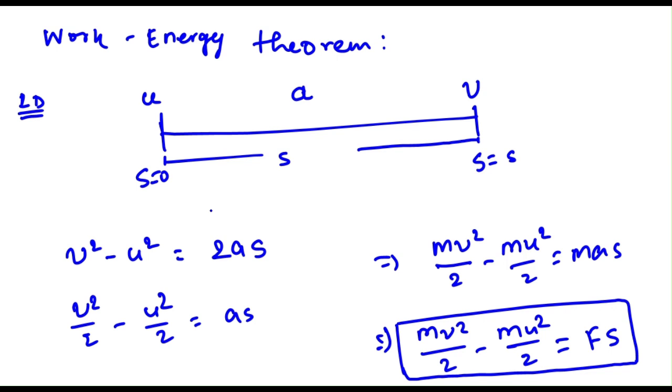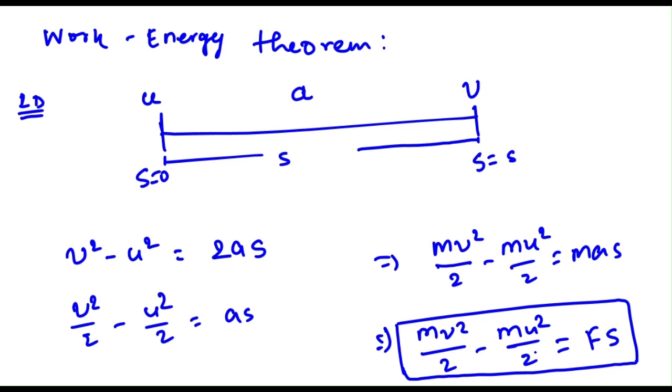A body which is moving, by virtue of its motion, has some energy, meaning it has the ability to do some work, and that energy we call kinetic energy. So if there is something changing in kinetic energy, it means either this body has done some work, or some external work has been done on this body.